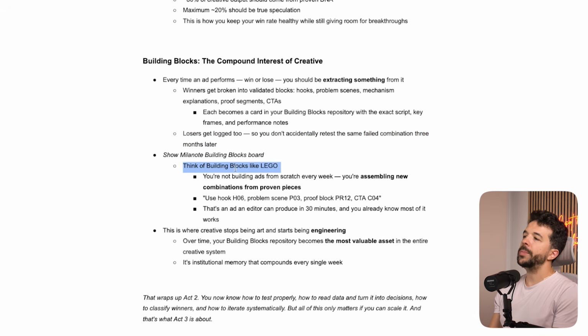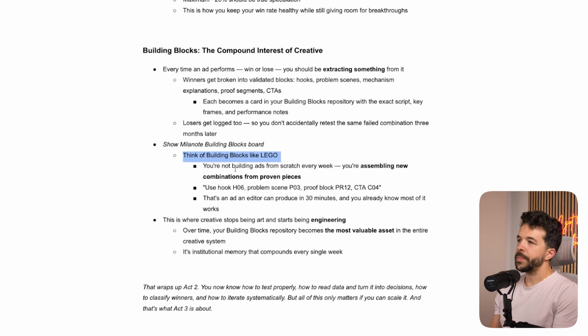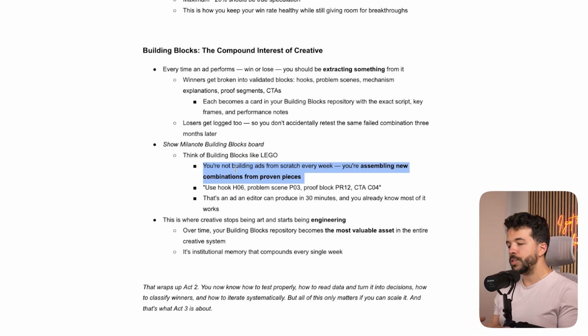And you want to think of building blocks like Legos. You want to have a modular approach to ads. If you want to start creating more ads, you want to stop looking at ads as something that you build from scratch every single week. You want to approach ads as if you were assembling new combinations from proven pieces.